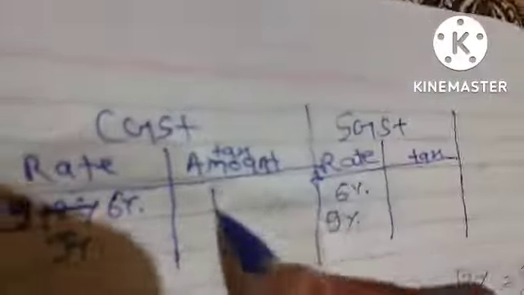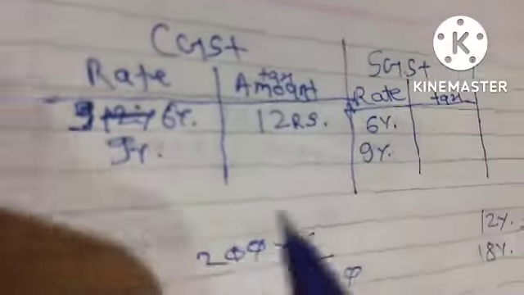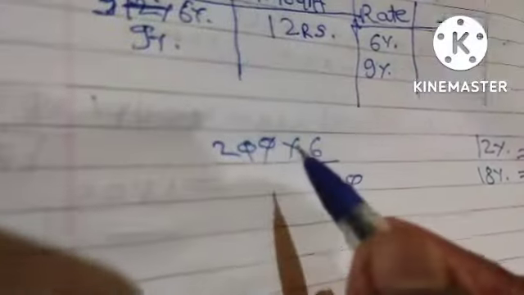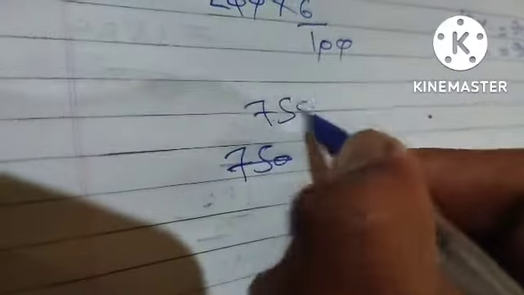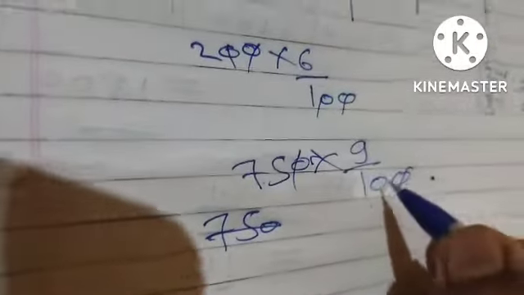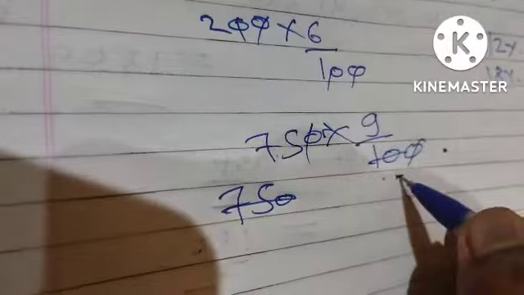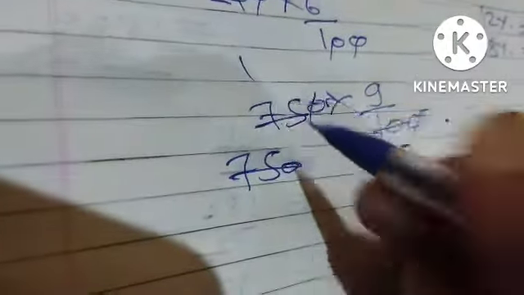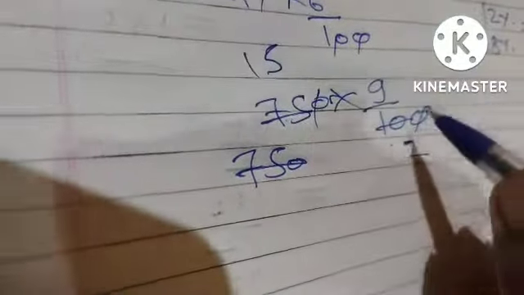Let's find out the amount. 6% of 200 is 12 rupees. It will be the CGST for the mobile battery. For the headphones, 750 rupees into 9 upon 100. Cancel. 5 to the 10. 5 on the 5. 5 5 are 20. 5.